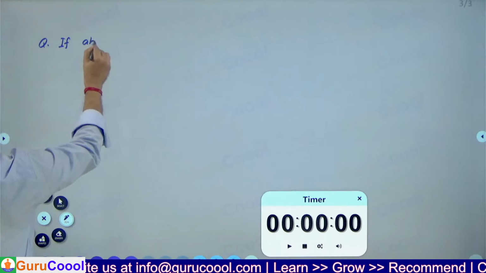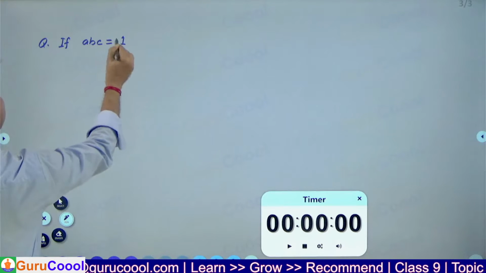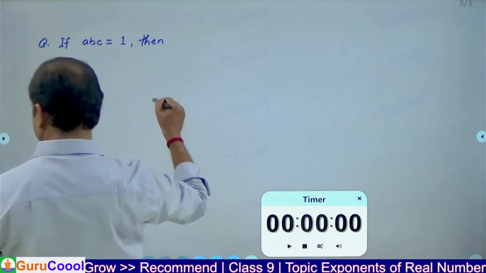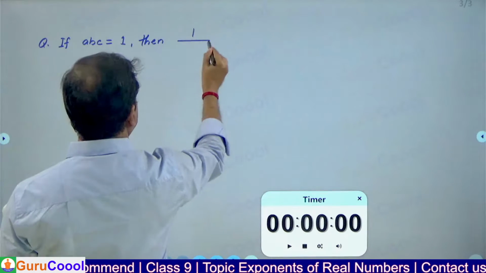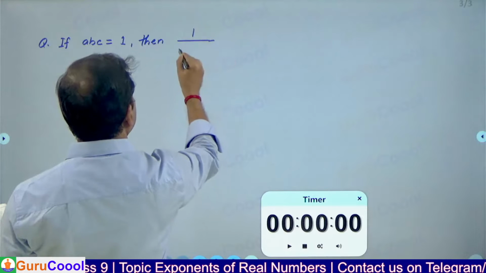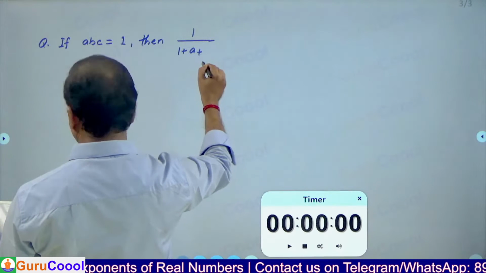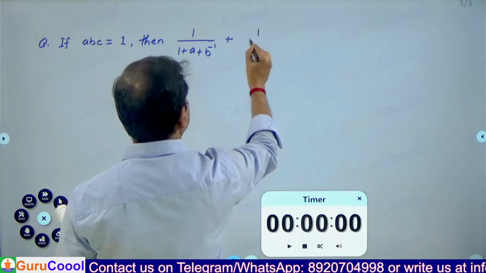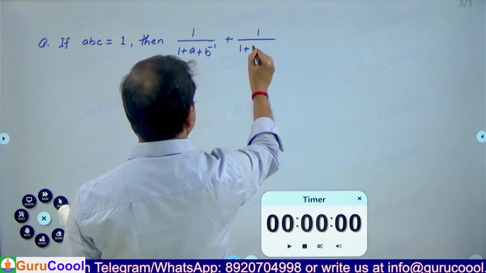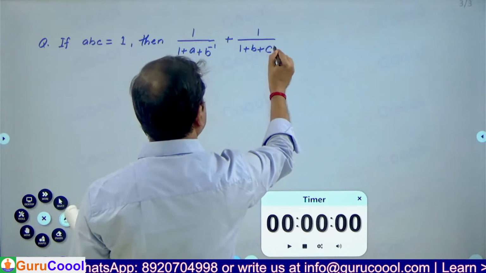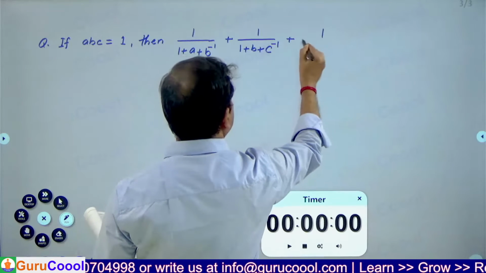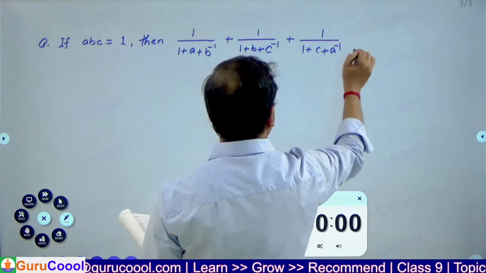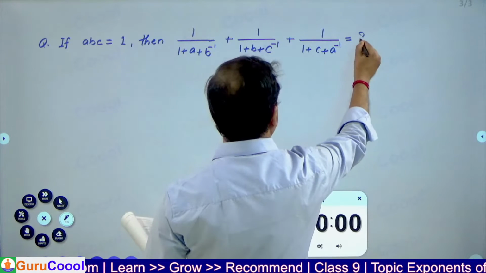If abc is equal to 1, then 1 upon (1 plus a plus b raised to the power minus 1) plus 1 by (1 plus b plus c raised to the power minus 1), again plus 1 upon (1 plus c plus a raised to the power minus 1) is equal to what?